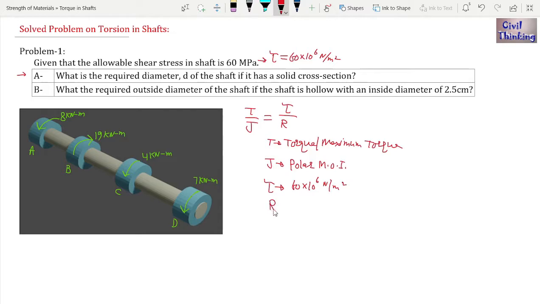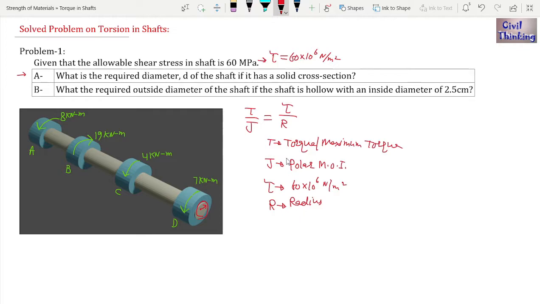Now R is the radius of the outer surface. You can see in the shaft the outer surface is this, and the radius will begin from the center to the outer surface.